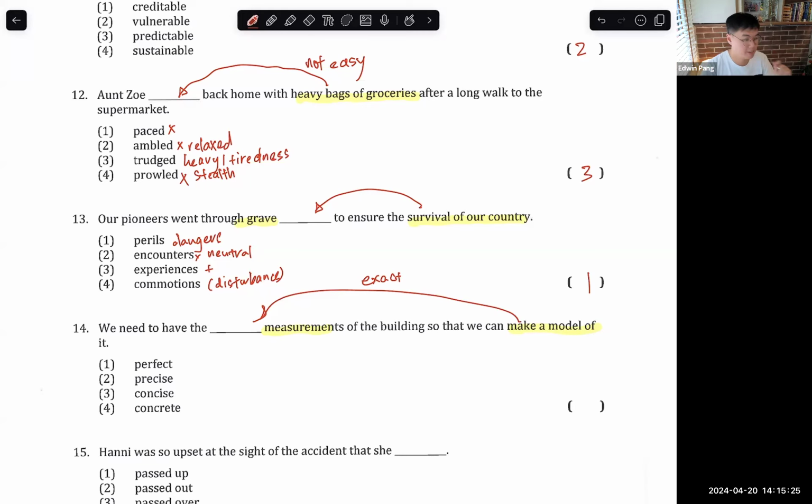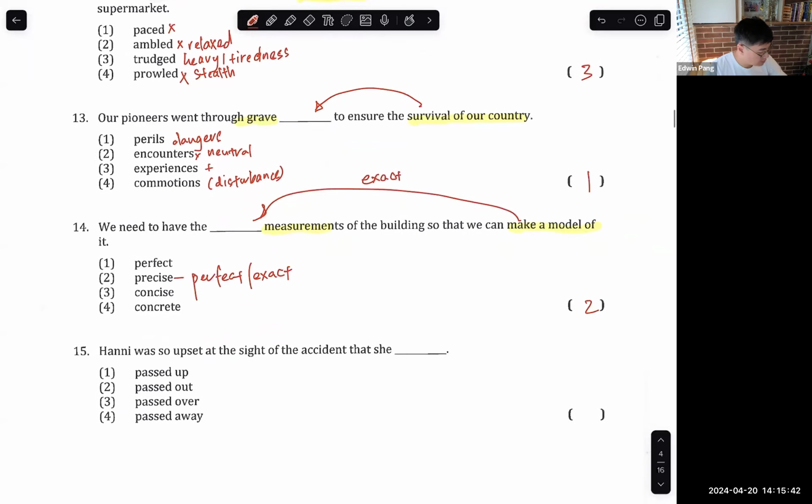So it must be very, very precise, okay? It is the precise measurements, right? So it's perfect, exact, okay? Without any room for error, okay? No room for error, down to the millimeter. That's precise, okay?